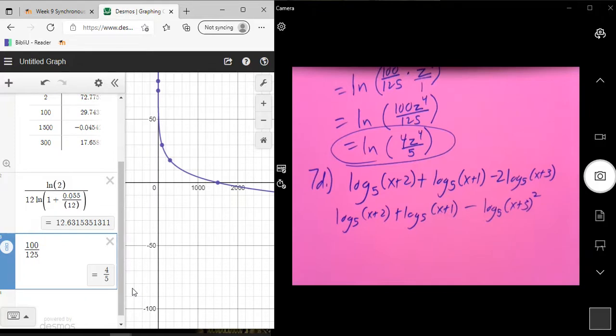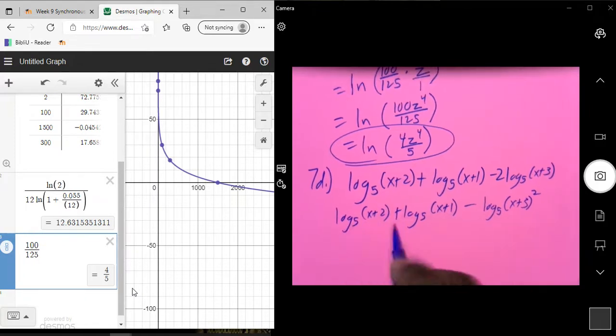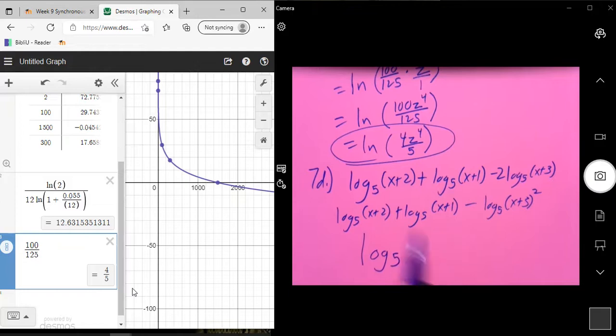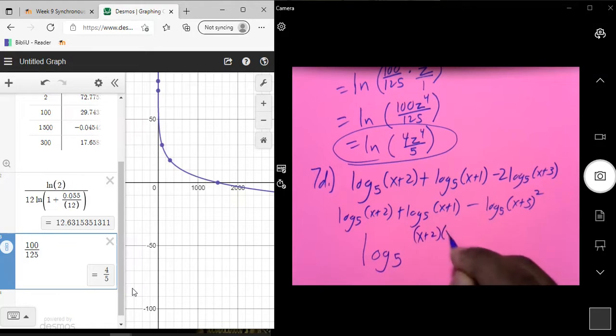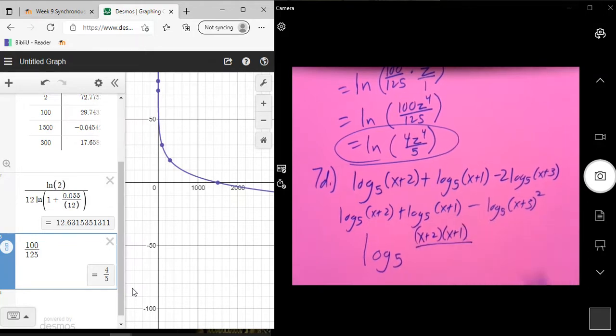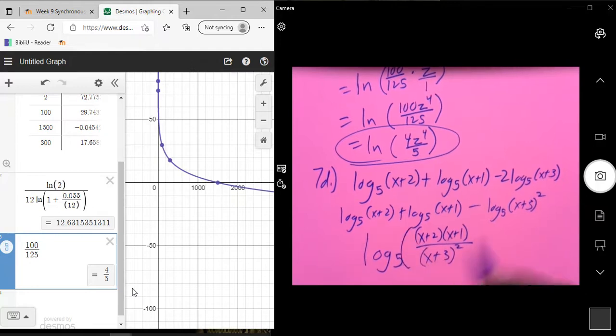All right. So now we can start combining these. This right here would give us log base 5. And we know we're going to multiply these two. So it'd be x plus 2 times x plus 1. That would be in our numerator. Our denominator would be (x plus 3) squared.